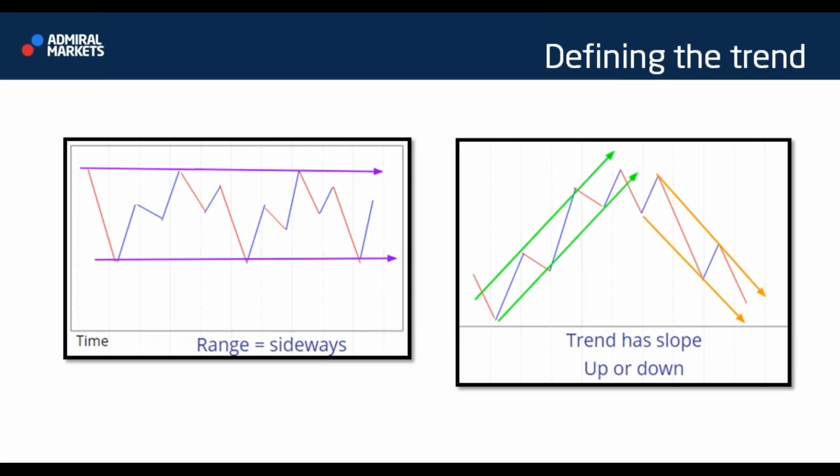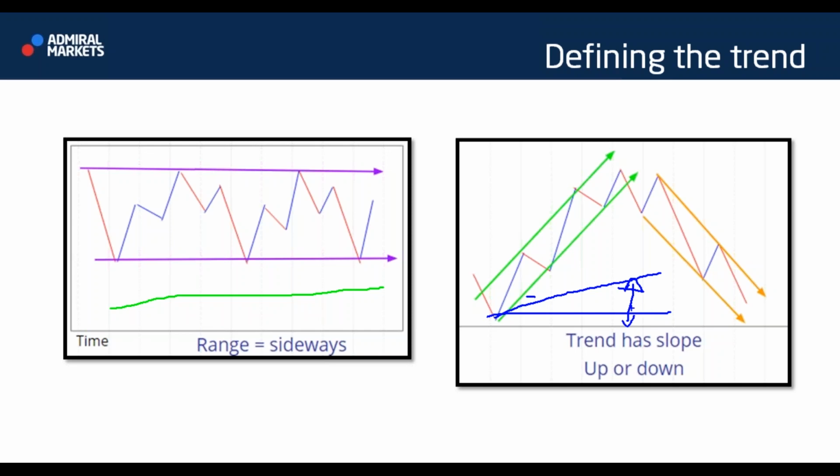There has to be some kind of significant angle to it. Obviously, if there is a 1 degree upside, very slight upside like that, that's not a trend. You have to have at least an angle like this, where you have a trend line that is moving away from the bottom with at least, I don't know, a 20-degree angle or something like that, at the minimum would be good for a trend.